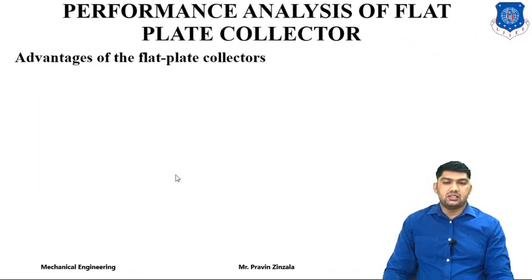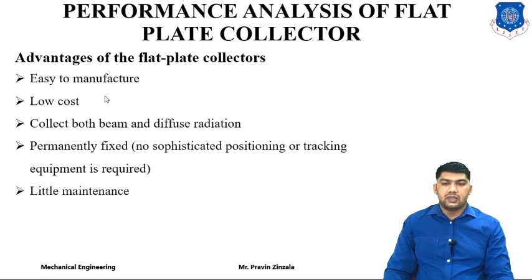First of all, we discuss the advantages of flat plate collector. The main advantages are that it is easy to manufacture because it is a simple type of collector, and low cost, because we require simple components and can easily manufacture it. It collects both beam and diffuse radiation, meaning it collects the total radiation.